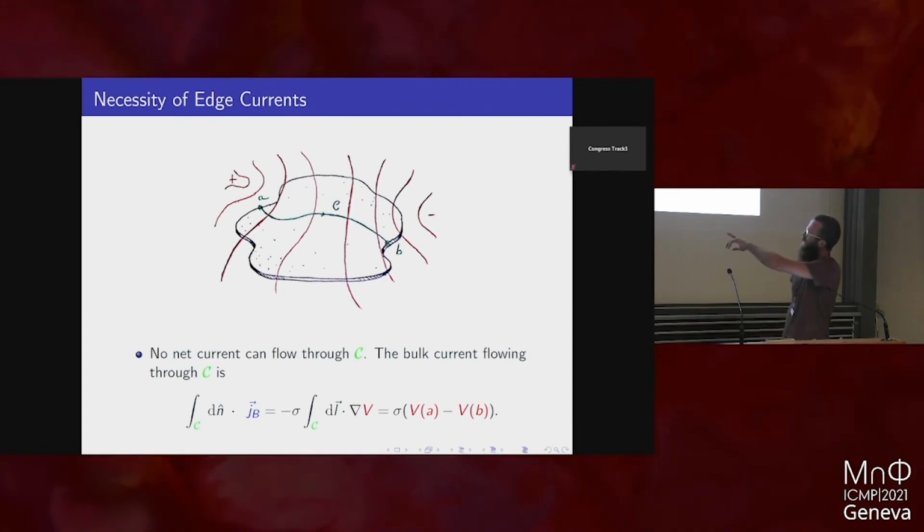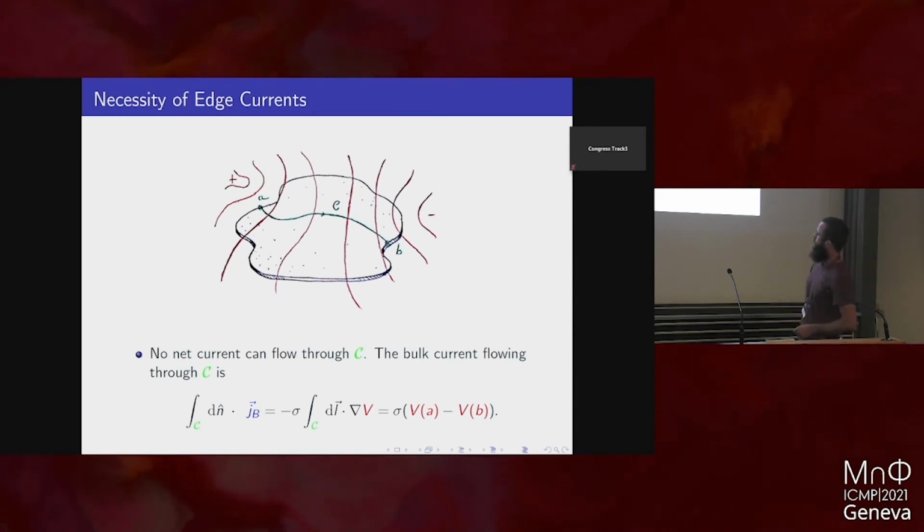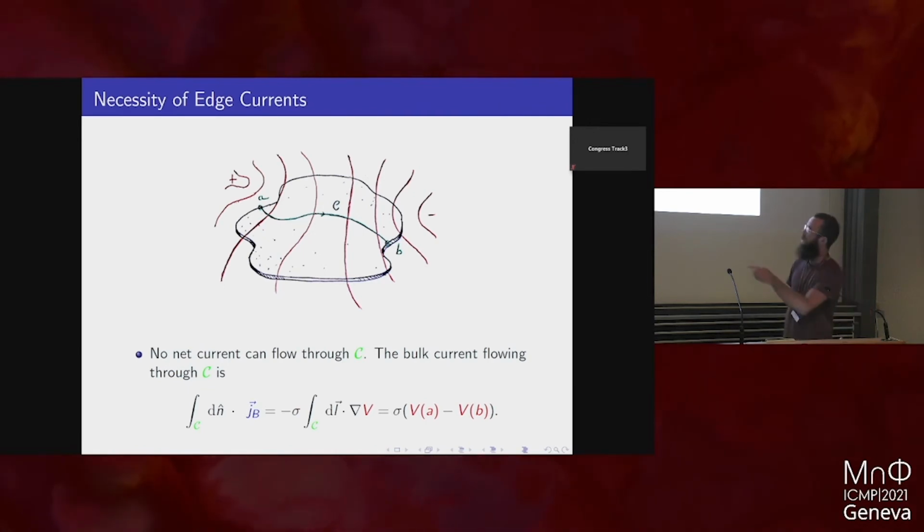I just integrate the Hall current across this curve. The Hall current is proportional to the electric field, which is the gradient of the potential, proportional to the Hall conductance. And I find that the bulk current flowing through this curve C is given by a difference of the potentials at these two endpoints A and B.